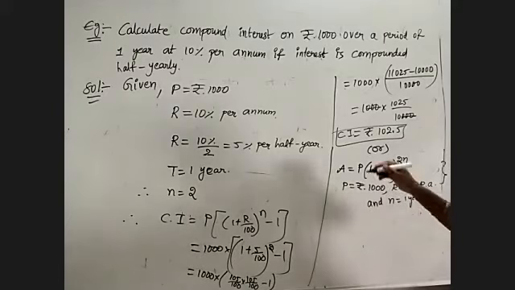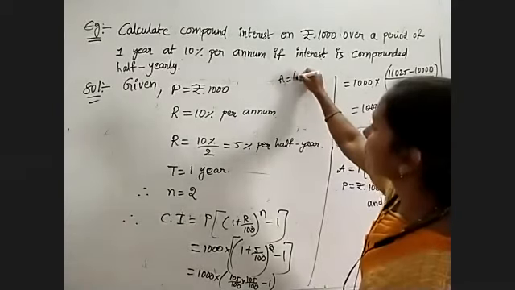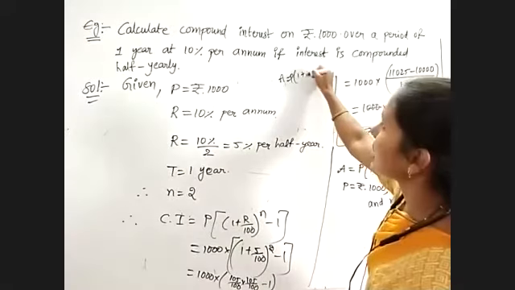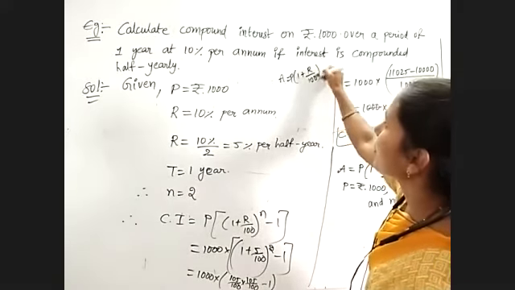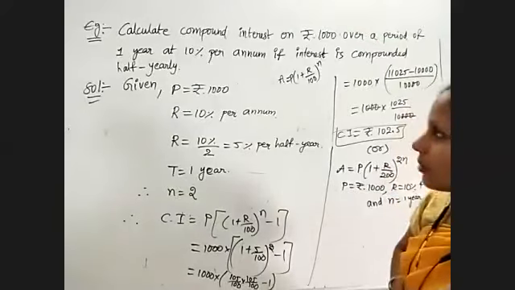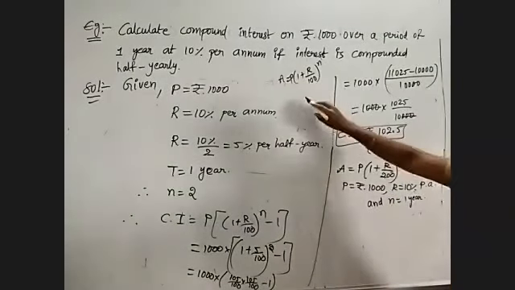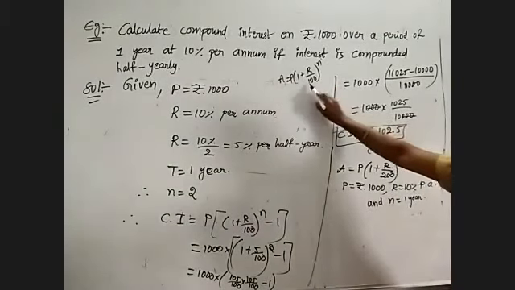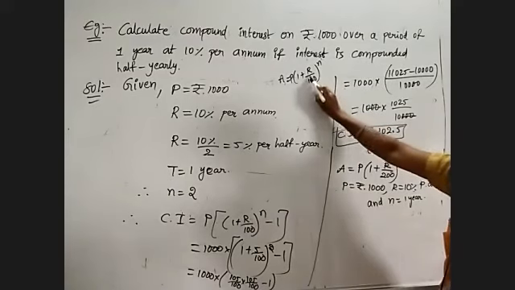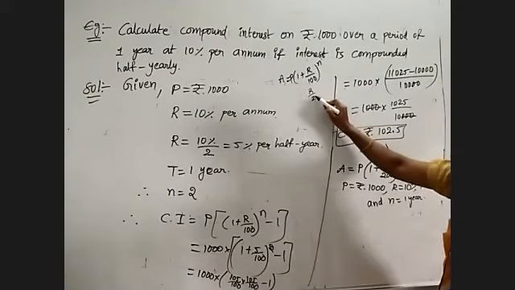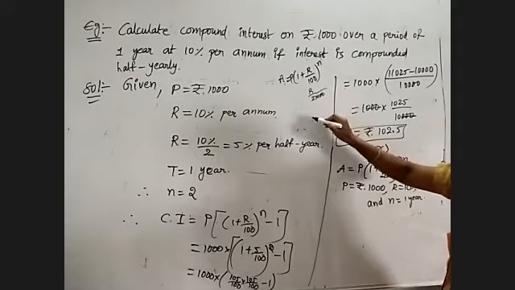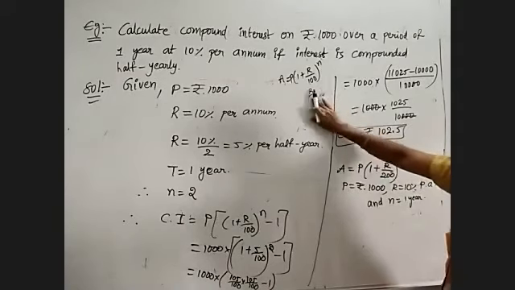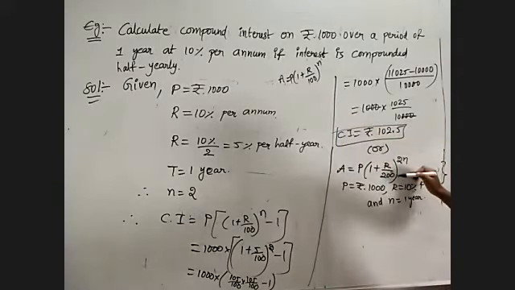Actually we have amount is equal to p into 1 plus r by 100, whole to the power of n. So when the amount is compounded half yearly, this r by 100 will become r by 2 into 100 in the denominator. That is nothing but r by 200. Like that I got r by 200.